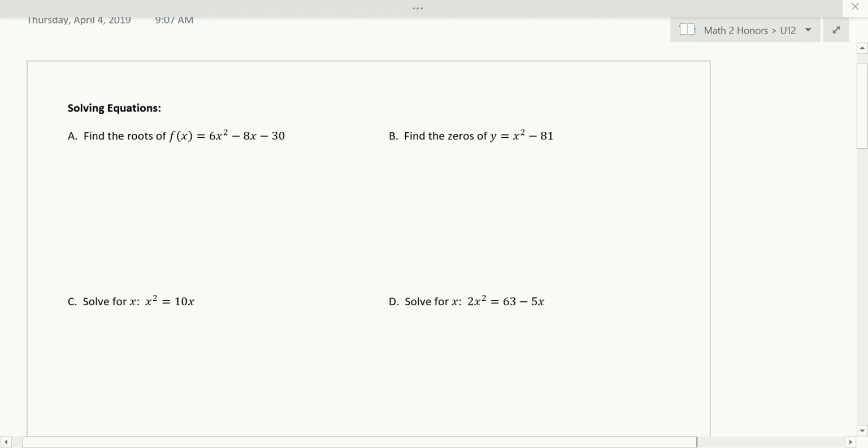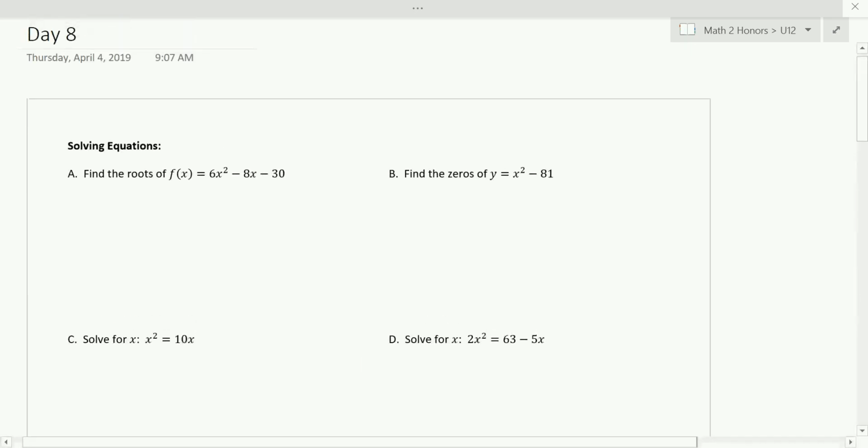So on this, the bottom line is you want to solve for x, and it may come in different forms. You may have a function. This is a quadratic function, and find the roots. We saw that finding the roots is the same thing as finding the zeros, and sometimes the same thing as finding x-intercepts. What do you do to find the roots?